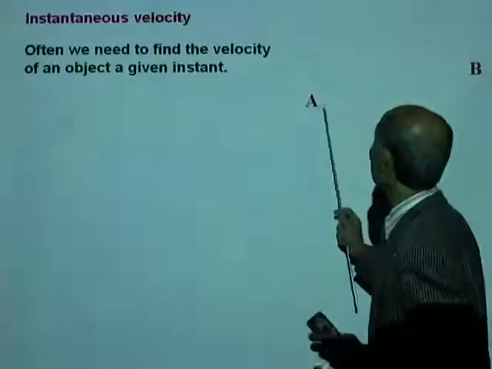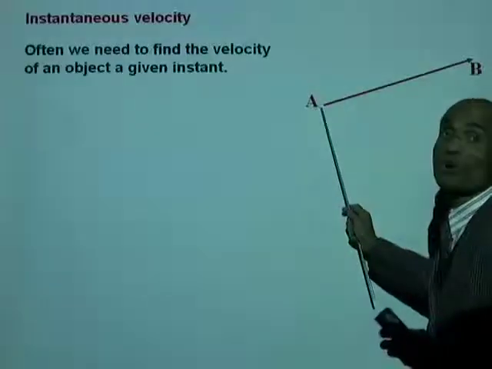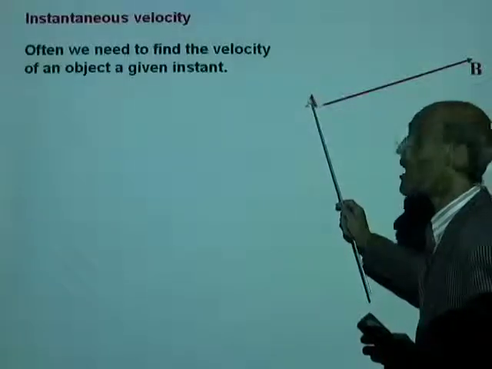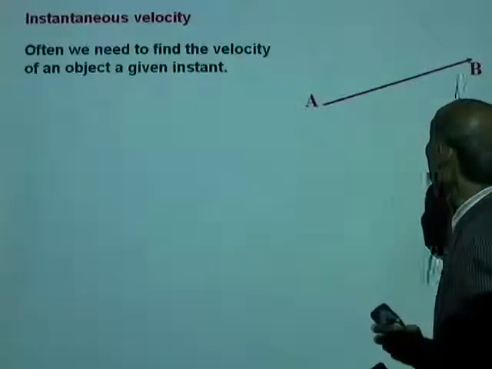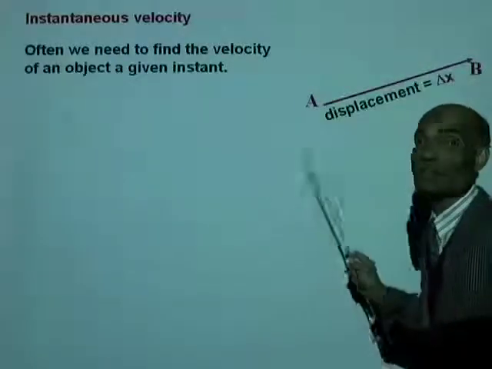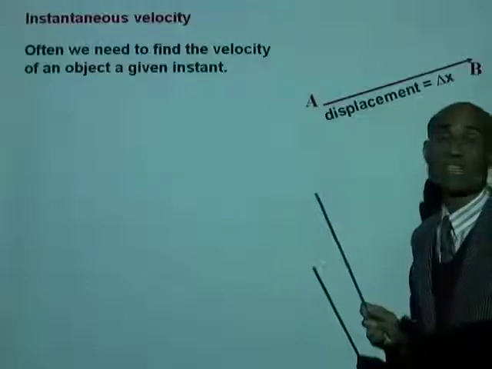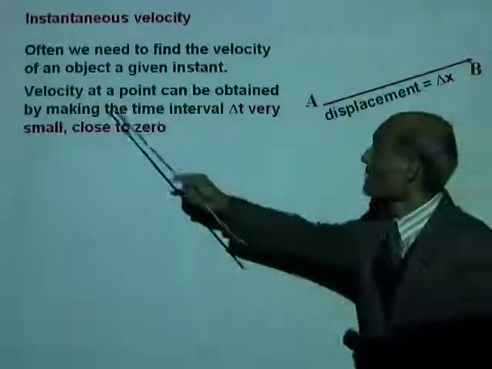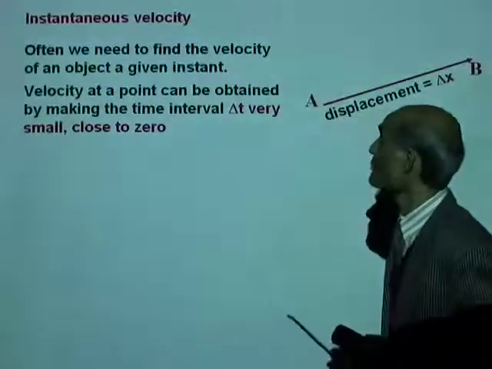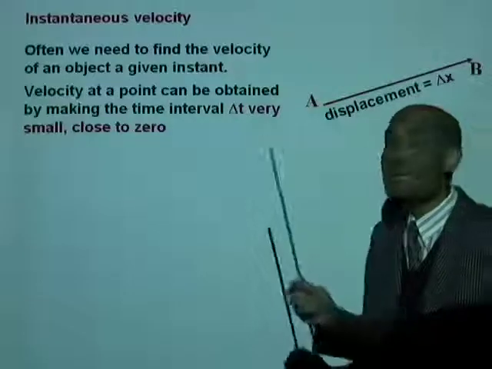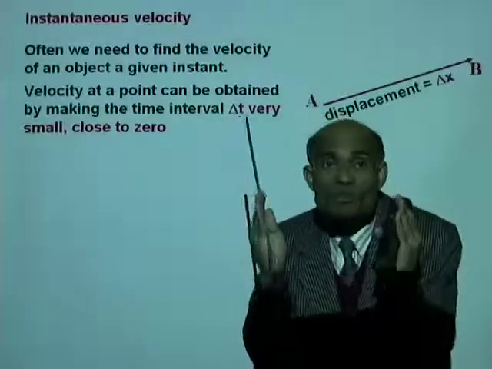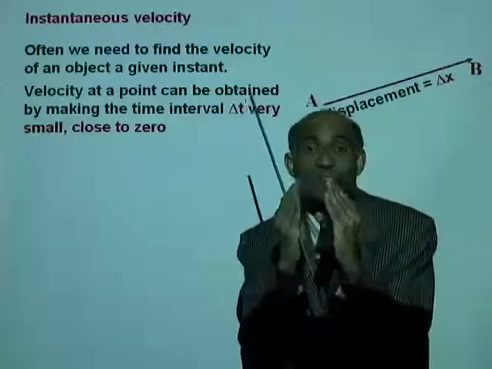Now, again, we go back to the same example. The object is displaced from A to B, and the displacement is delta x. Velocity at a point can be obtained by making the time interval shorter and shorter and shorter.